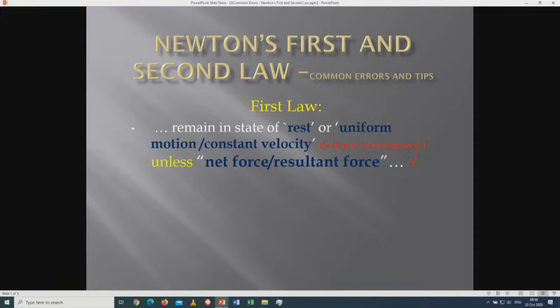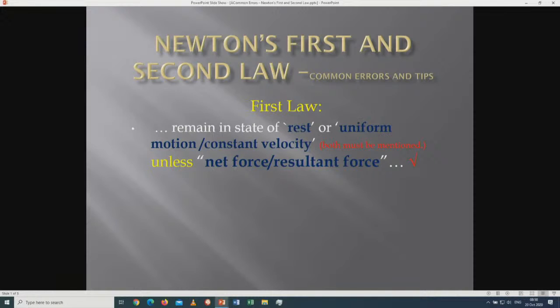You can't just mention a body in a state of rest and then continue. You must mention both states, rest or uniform motion or motion at constant velocity, because in physics rest and movement at a constant velocity is the same principle. So you must mention both for the first mark.